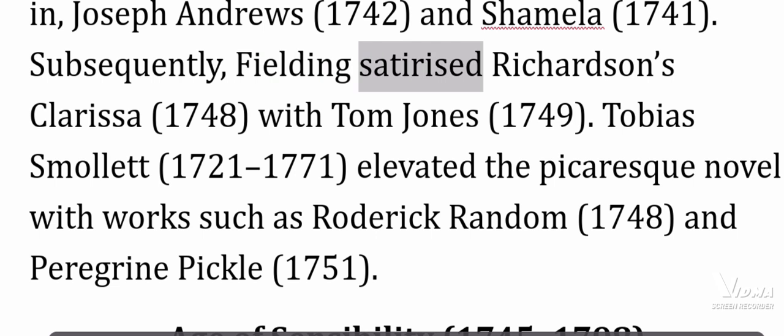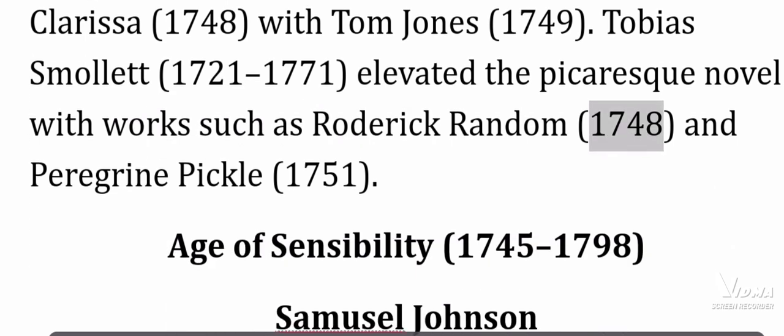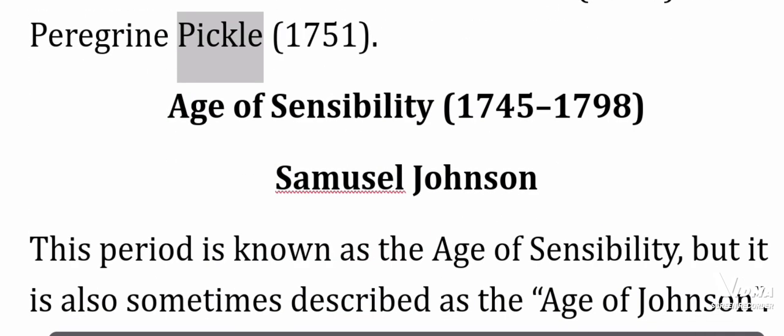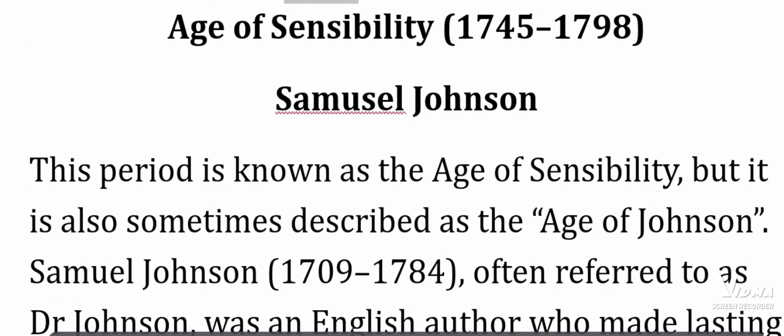Subsequently, Fielding satirized Richardson's Clarissa, 1748, with Tom Jones, 1749. Tobias Smollett, 1721 to 1771, elevated the picaresque novel with works such as Roderick Random, 1748, and Peregrine Pickle, 1751.